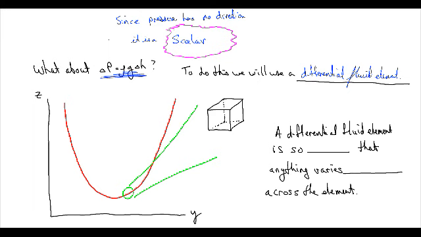So that means this length here is a dz, this is a dx, and this distance here is a dy.